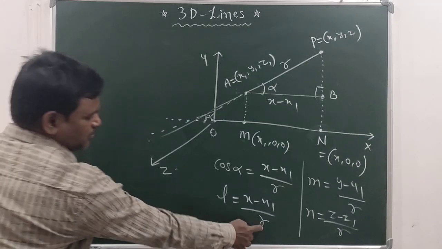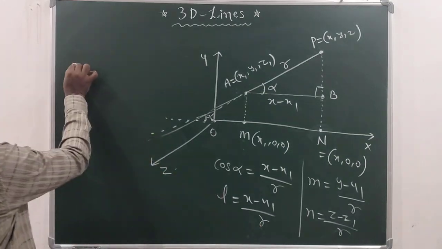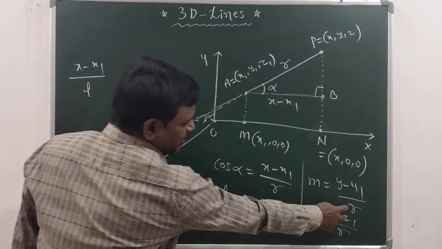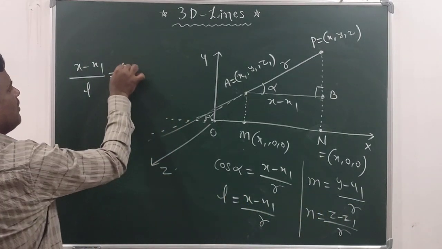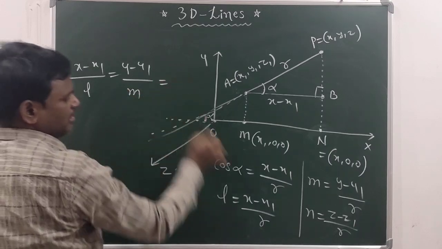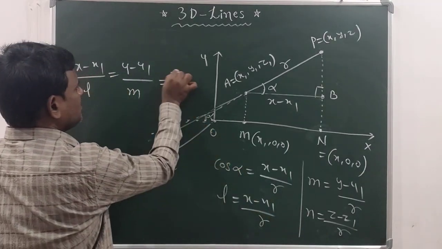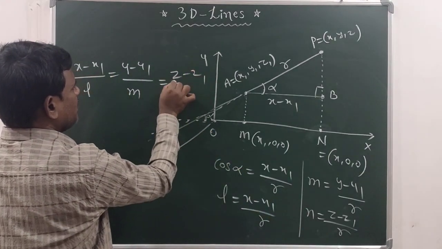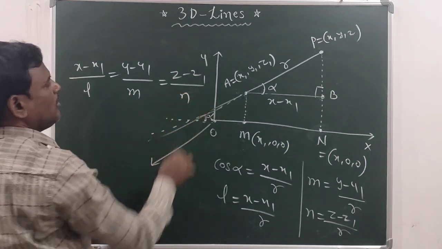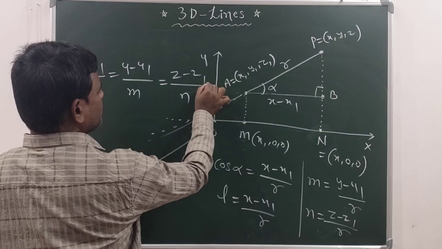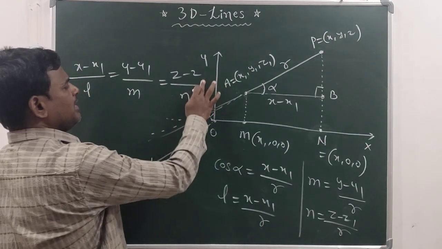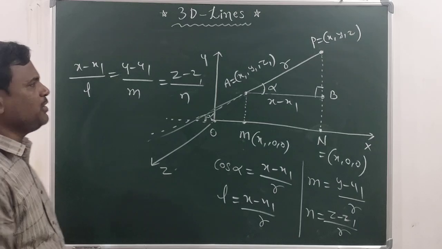Then you will get x minus x1 by l, y minus y1 by m, z minus z1 by n, which is equal to r. R need not be written. If you want to write, you can.